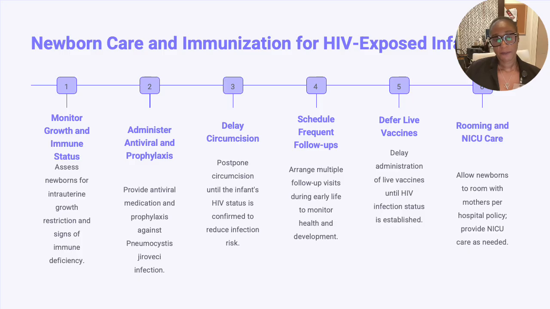Newborns that are born to an HIV positive mother may test positive because the mother's antibodies may persist in the newborn for about 18 months after birth. So they may test positive up to 18 months.